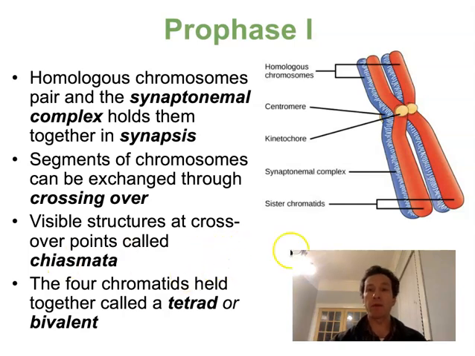And you should remember that this structure with the 2 chromosomes can either be called a tetrad because there are 4 sister chromatids here, or it may be called a bivalent because there are 2 chromosomes here. So tetra referring to 4, bi referring to 2. And these are simply synonyms for one another.